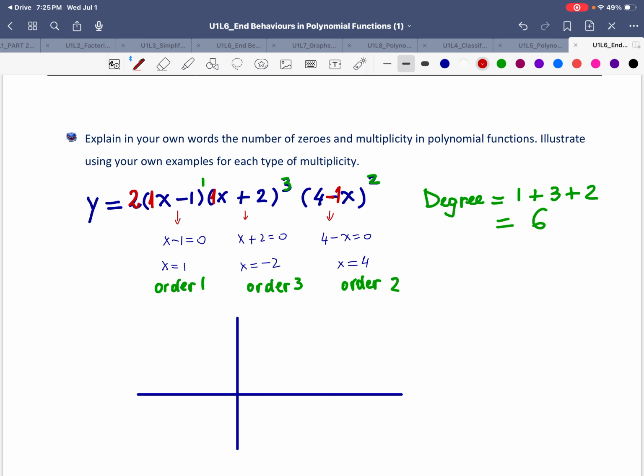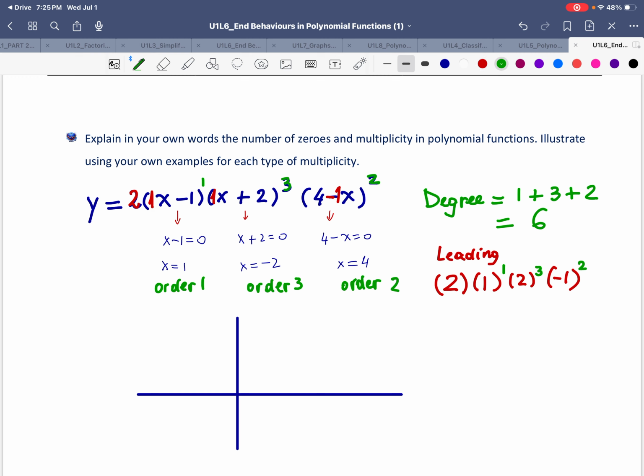So we have a coefficient of 2, which is multiplying 1 to the power of 1. Don't forget, those coefficients will be brought to this power as well. And then we have the coefficient of 2 to the power of 3. And lastly, we have a coefficient of -1 to the power of 2.